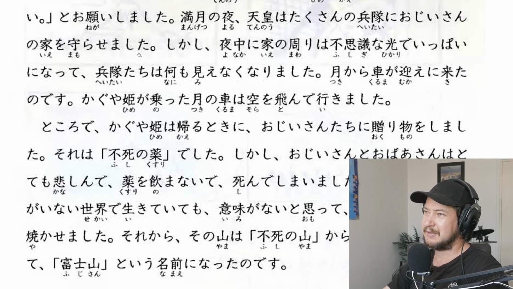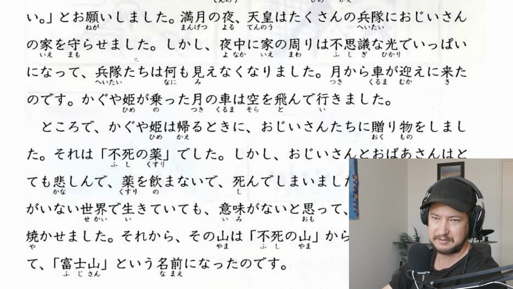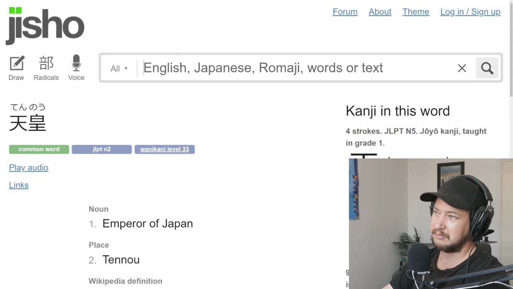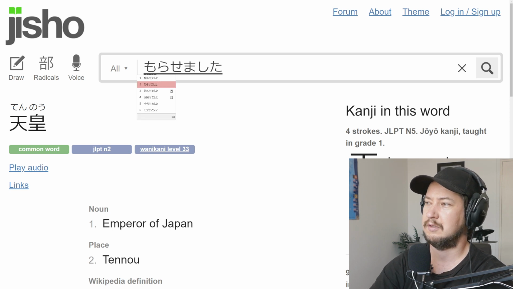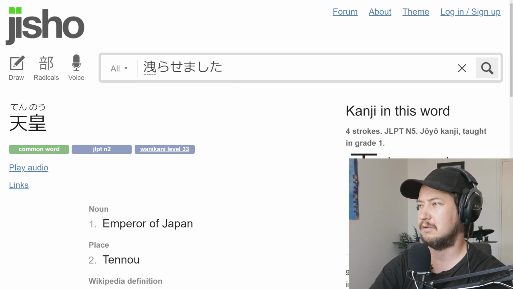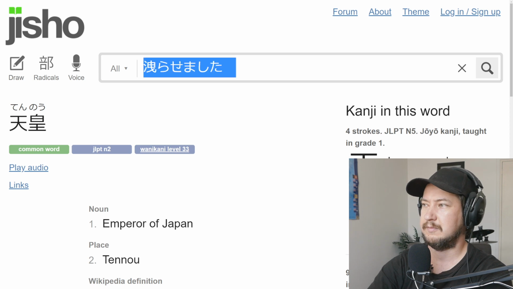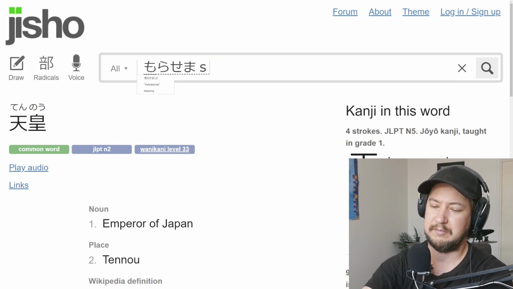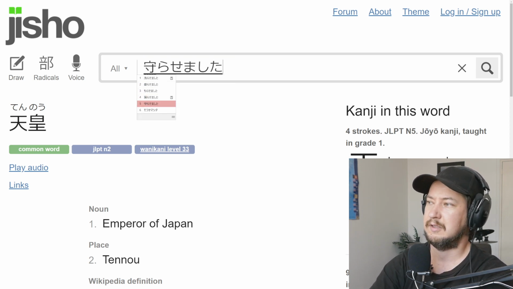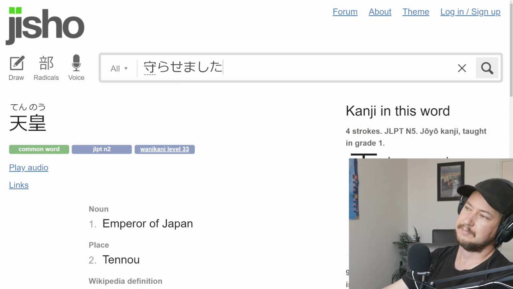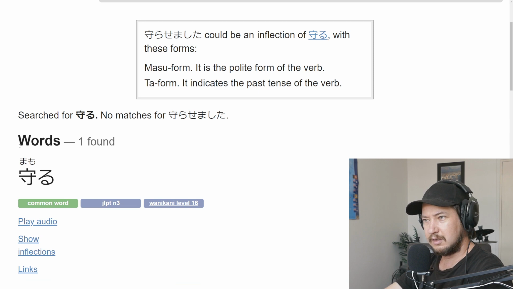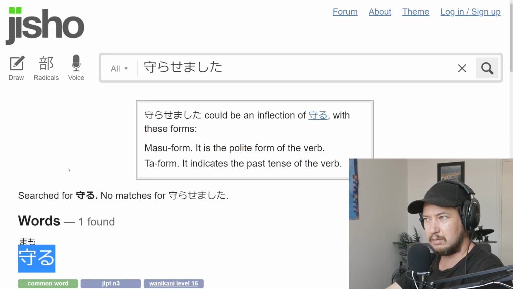But this morasemashita is kind of interesting. So I'll just quickly run this through the dictionary. Mamoru.